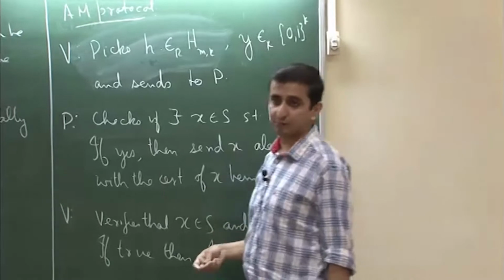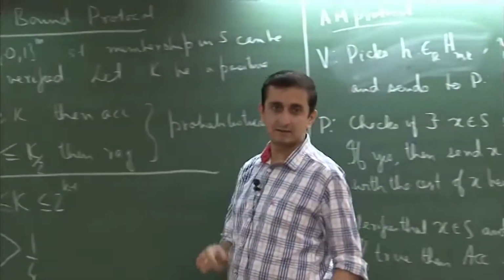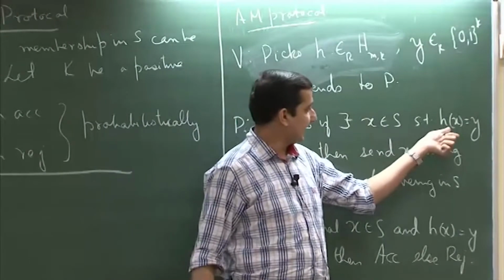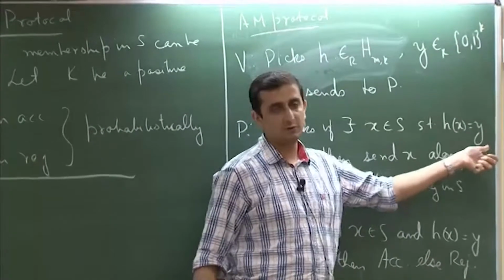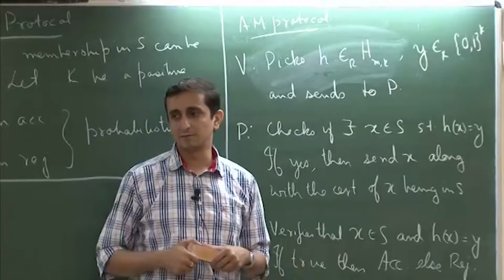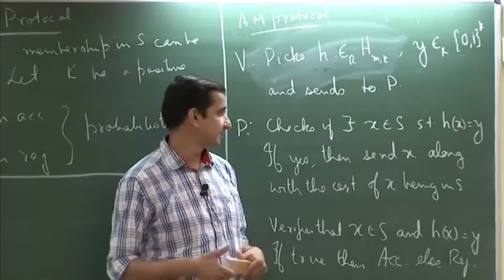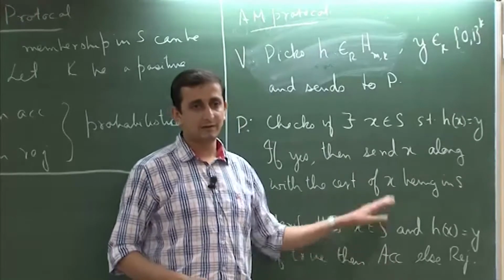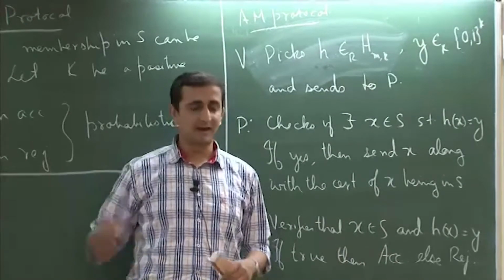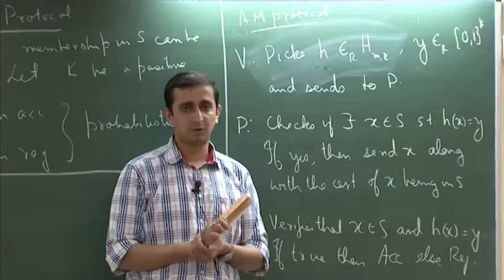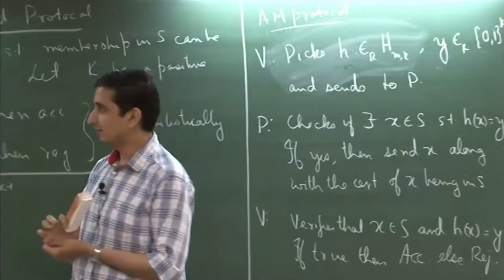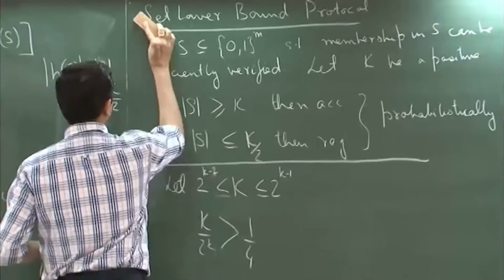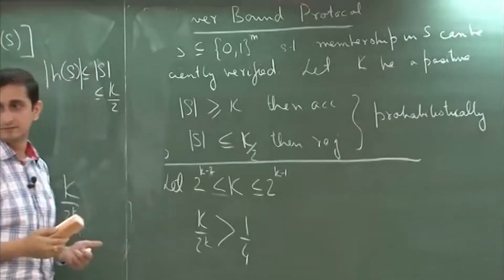So, now the goal of the prover is to find one x, which belongs to S, and h_i of x is equal to y_i for all those possible i's. If he can find such an x, then he sends that x along with the certificate, and now the verifier verifies. So, that will give a very large acceptance probability. So, is this clear to everybody?